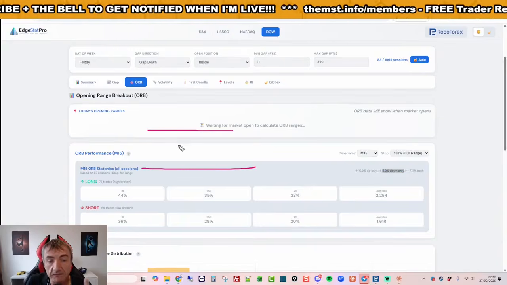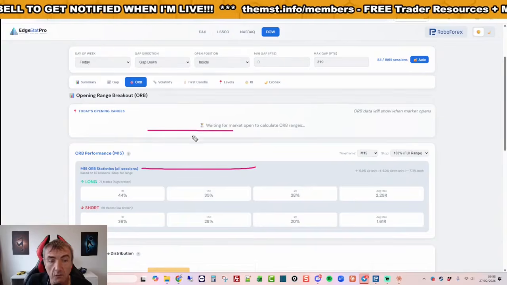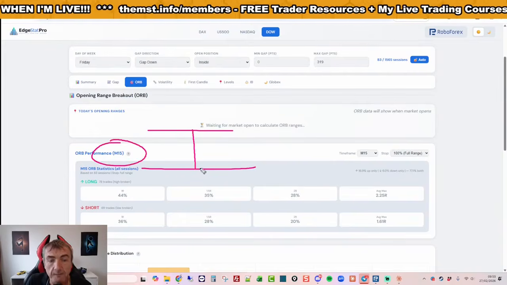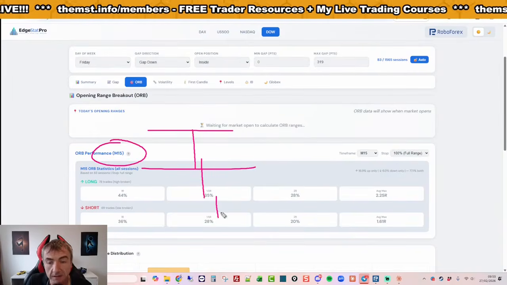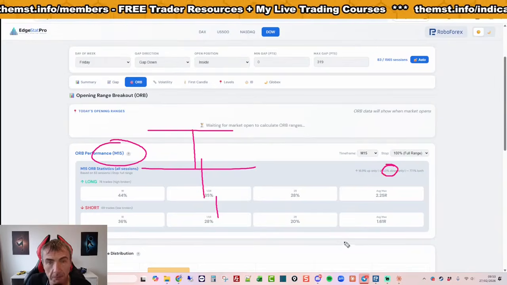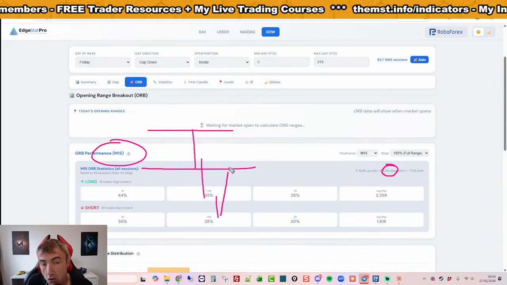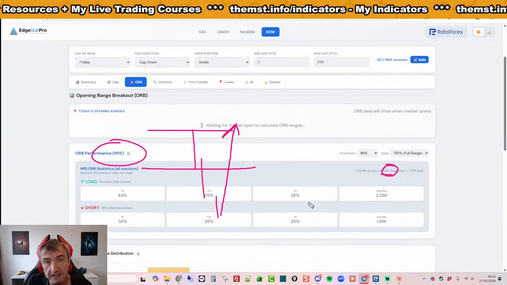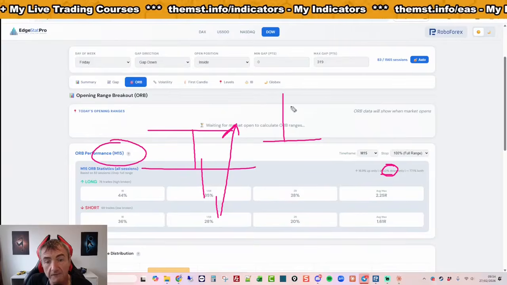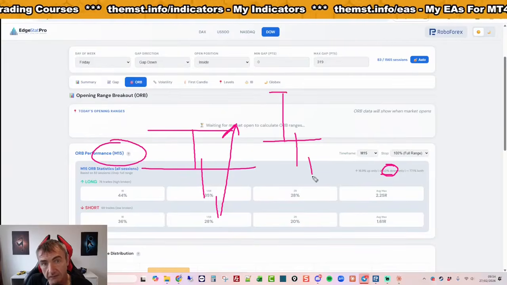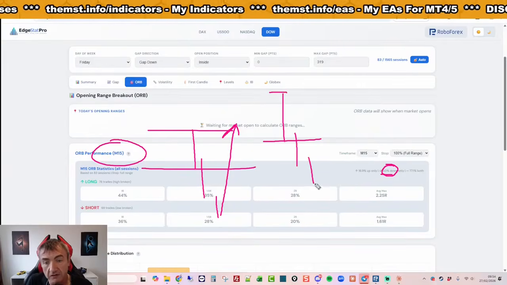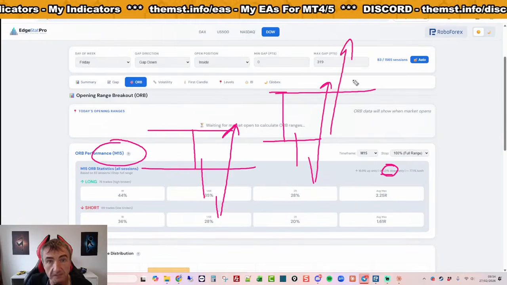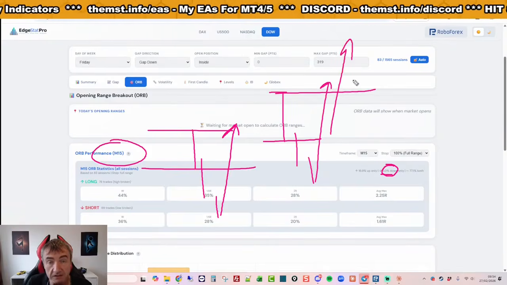So if today in the Dow we get the 5-minute ORB, or the 15-minute in this case, ORB, and then it breaks down, there is only a 6% probability of it not breaking that level. We have a 94% edge. If the Dow today, after 15 minutes, closes down at 30 or 45 minutes, there is a 94% probability of it coming back up and touching that. There is also a 75% probability of it going back and hitting the previous close.